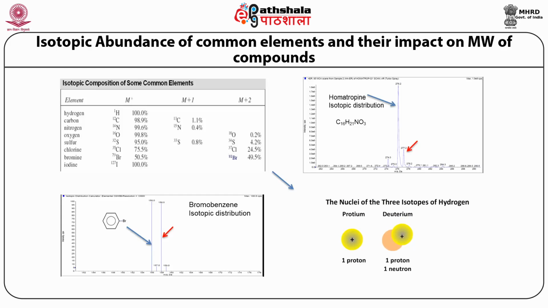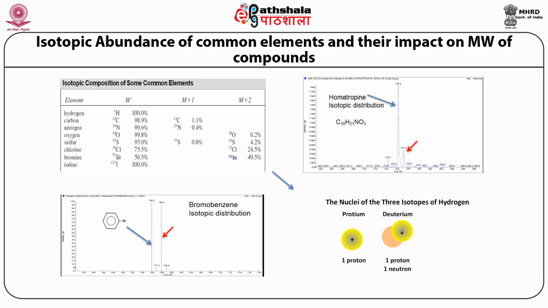The molecular weight continuously increases for the isotopes of hydrogen. For the nominal mass, we just take a nominal average of these weights. But when it comes to mass spectroscopy, it is very important that we come to know the isotopic distribution.